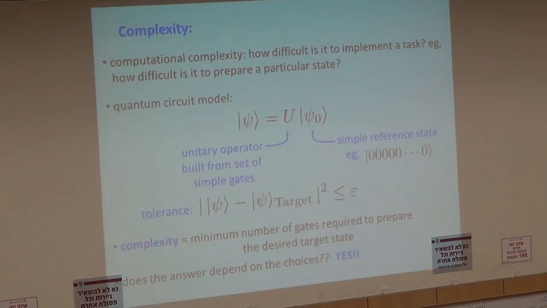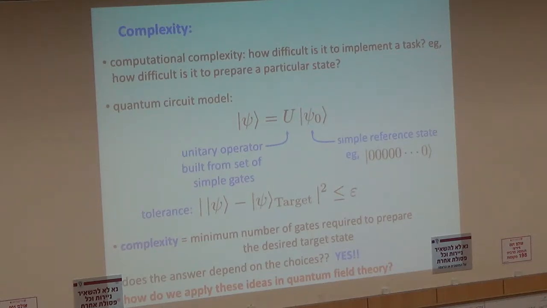There are questions that we can ask which, independent of our choices, the complexity is going to give us some interesting answer about the physics. And so today the question is, how do we apply these ideas to quantum field theory?